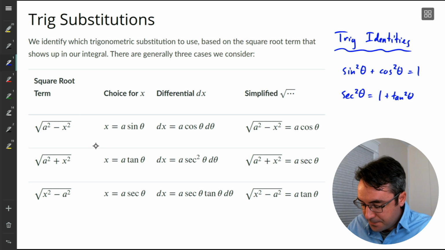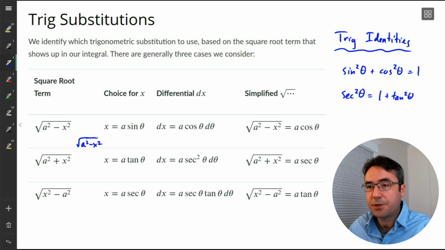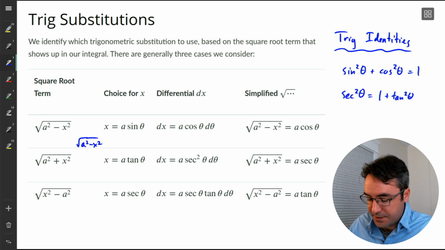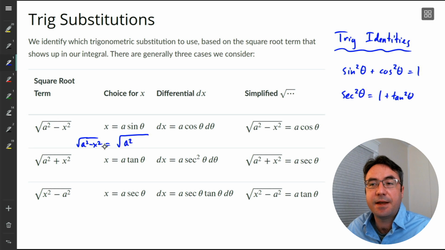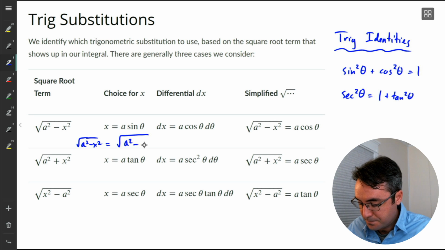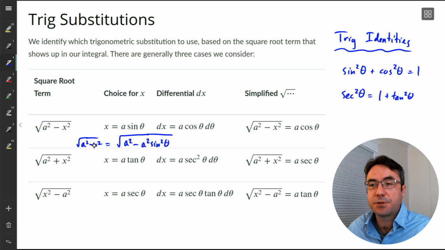Let's take our square root term, a squared minus x squared, and let's fill in what we're choosing for x. I'm going to take this a times sine theta and put it in for x here. And that'll give me a squared times sine squared theta, since we're squaring everything here.